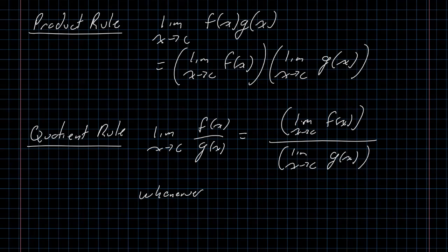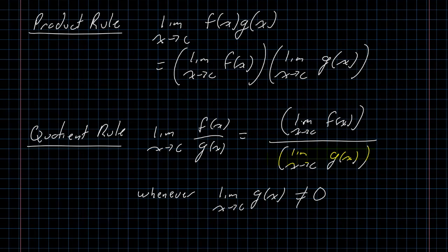This rule only works, let's try writing the word whenever so it looks like a word, whenever the limit as x approaches c of g of x is non-zero. Of course, if the limit as x approaches c of g of x was equal to 0, then we would be dividing by 0 in the denominator here. Dividing by 0 is a bad thing, so we have to make sure that that doesn't happen.